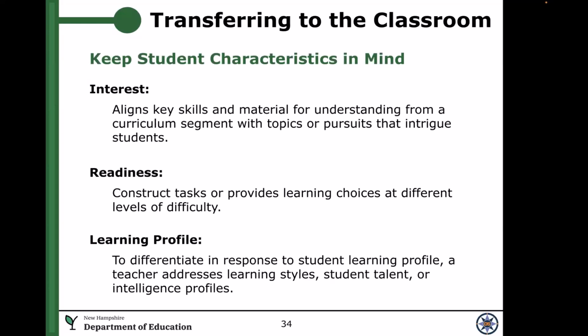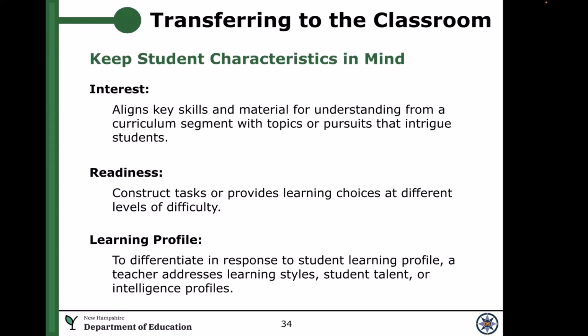We want to make sure we're thinking about student readiness. Are they ready for this? What are the different levels that we have, or choices, or difficulty of things? And then what is the student's learning profile? Are we looking at their learning profiles and not just teaching the way we've always felt like we could understand it?